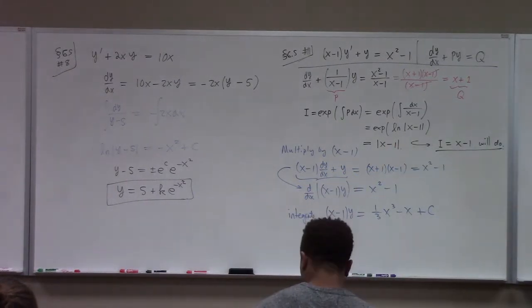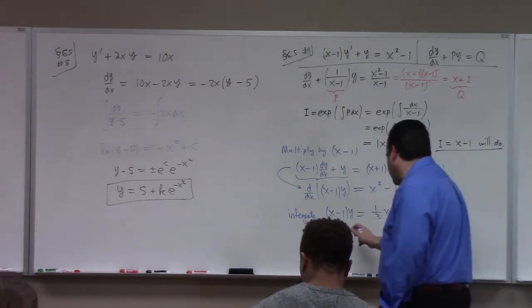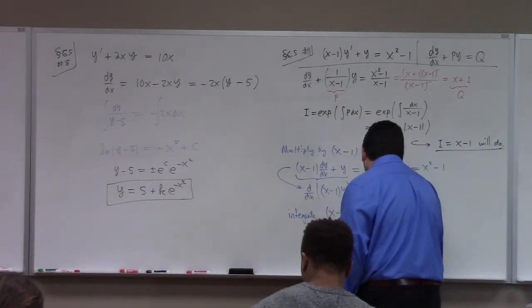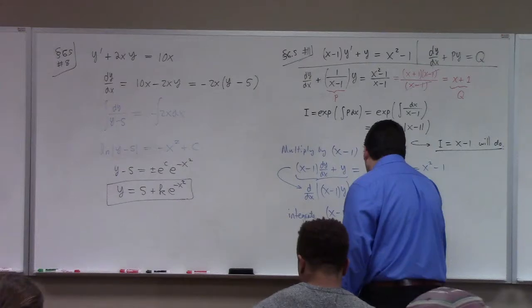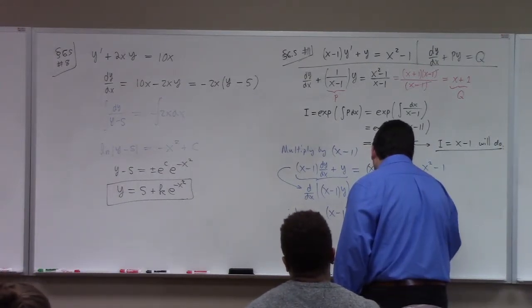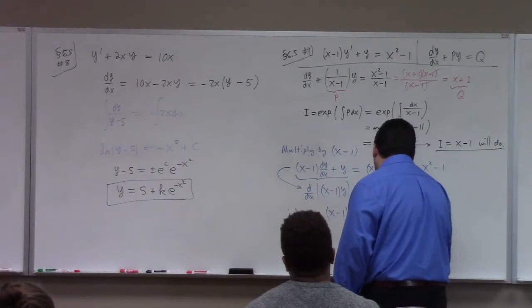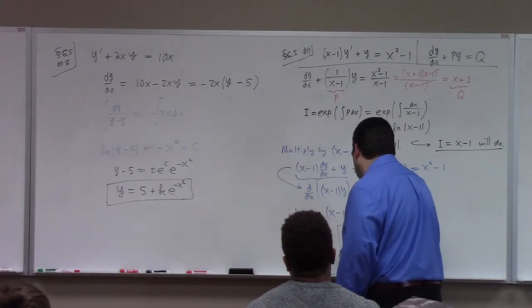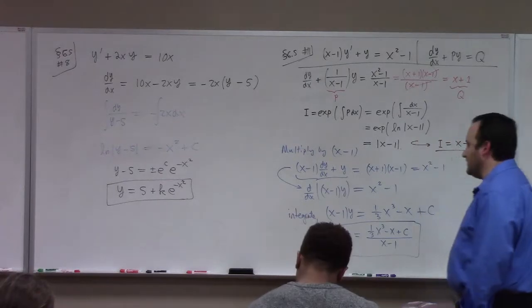Now I want to solve for y. What's my solution? y equals 1/3 x cubed minus x plus c, divided by x minus 1. There you go. That's the explicit general solution for number 11.